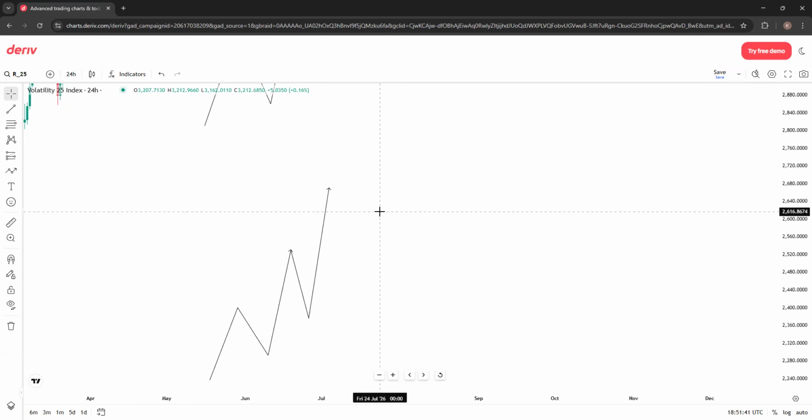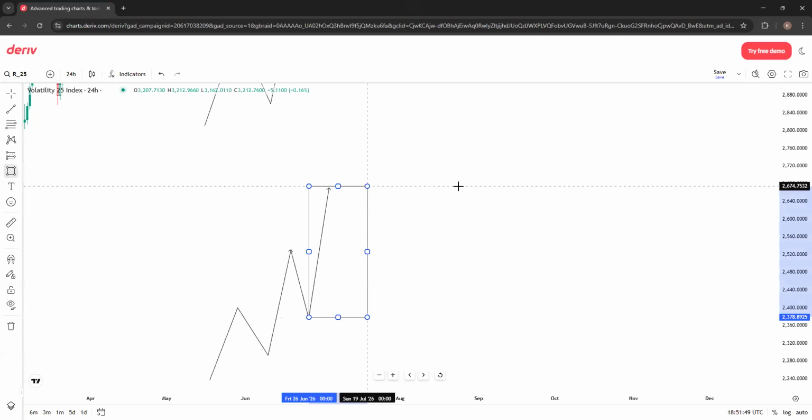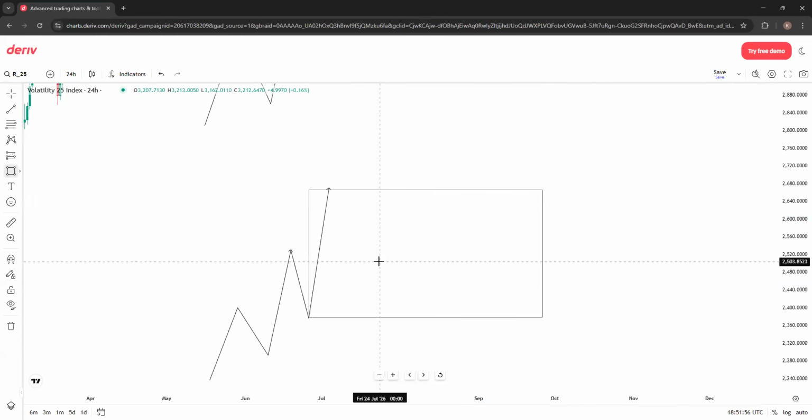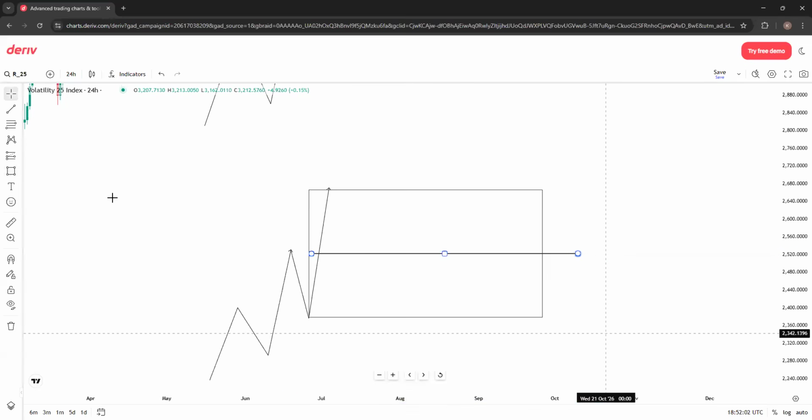Okay, let me put it in a diagram. So let's say we've marked our high and our low, and this is our high and our low. The proper or the standard way we always do things is we wait for price to come and then dip in the discount levels.